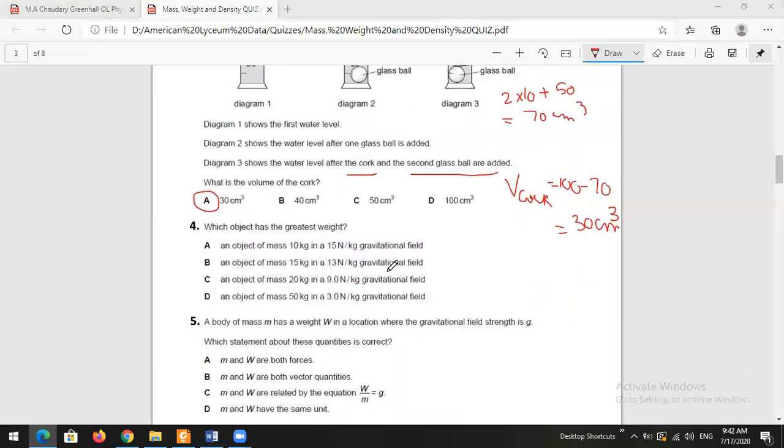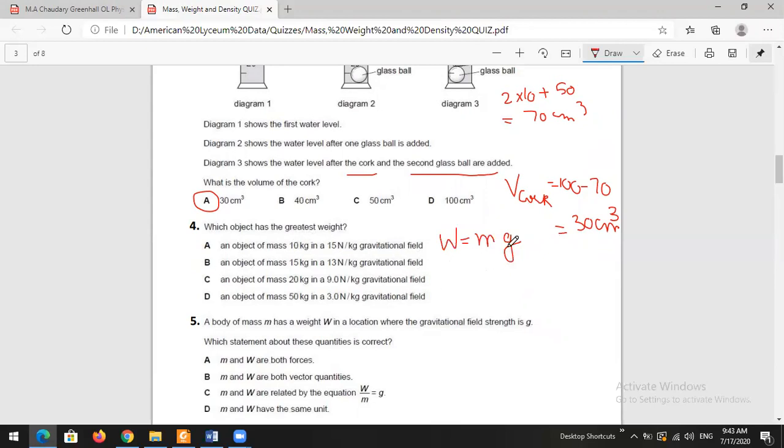Question number 4. Which object has the greatest weight? So weight is equal to mg. You can apply this formula in all of these options to get the weight and then select the option that has the greatest weight. Clear?